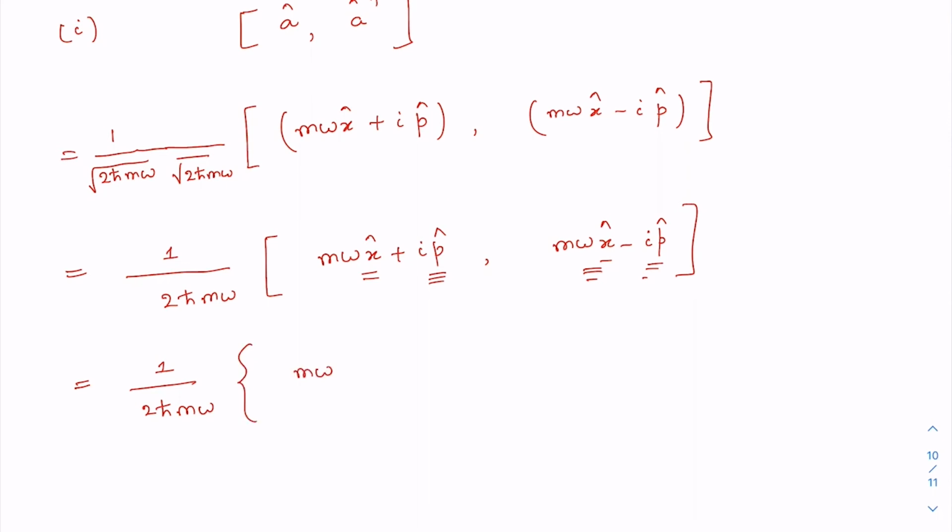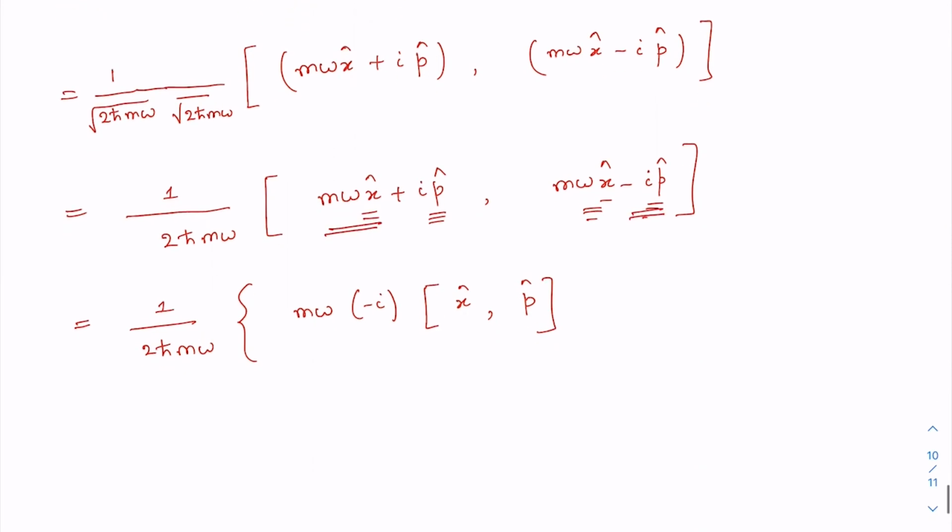I have m omega minus i x cap p, so I'm taking this term and this term. Then from this term and this term, I have i m omega p cap x cap.